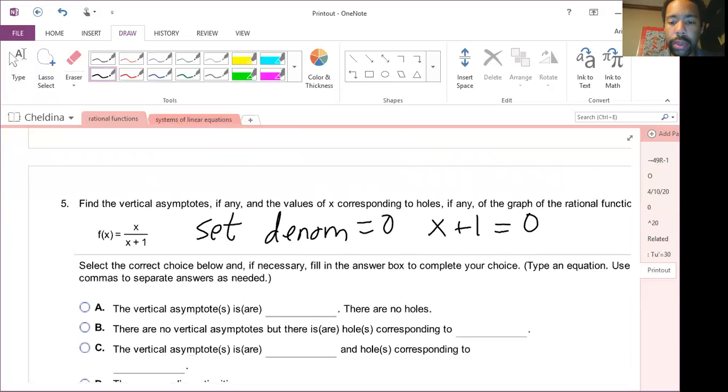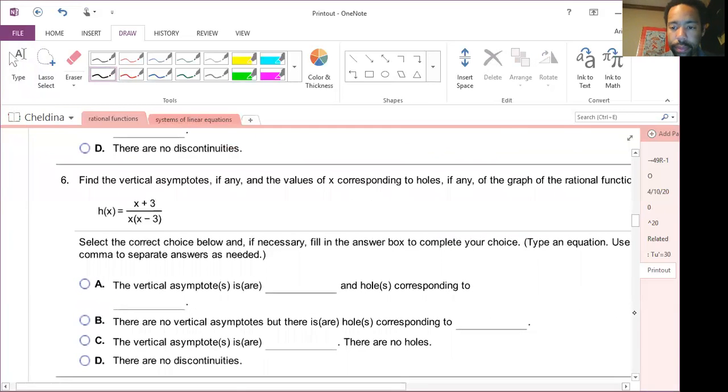You subtract 1 on both sides and you get x equals negative 1. Now, the vertical asymptote is a line, so you have to write the equation x equals negative 1. So it's part A, and it's x equals negative 1.